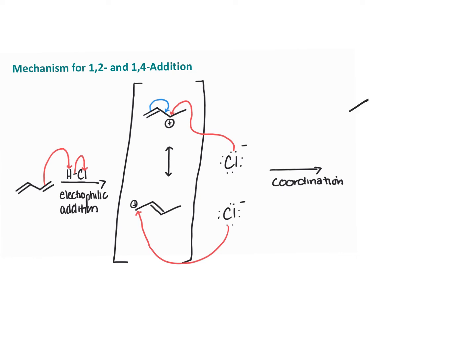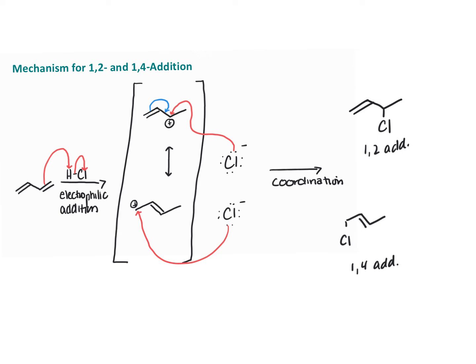So we end up with, as one of our products, 3-chlorobutene, that's the 1,2 addition product, and then we also end up with the 1,4 addition product, which is 1-chlorobutene. So this is how we get these products. Both products are produced from the same carbocation intermediate. So we get both of these.